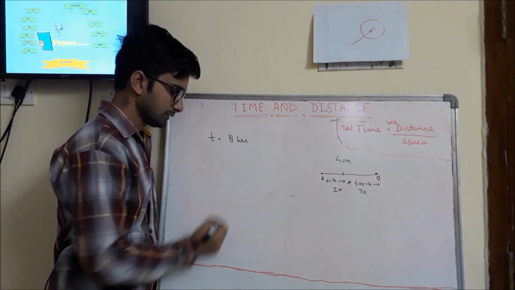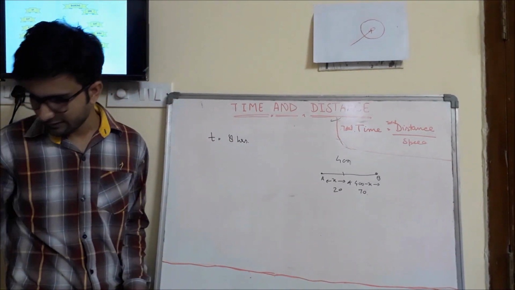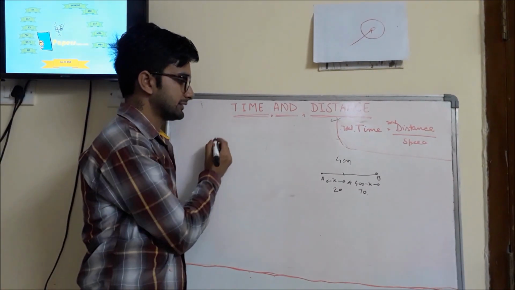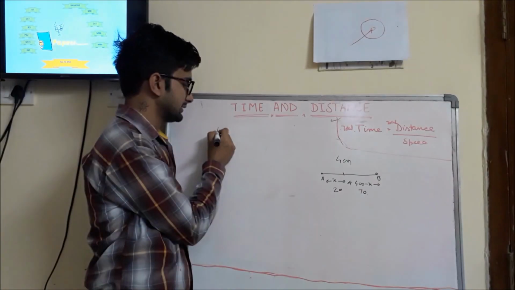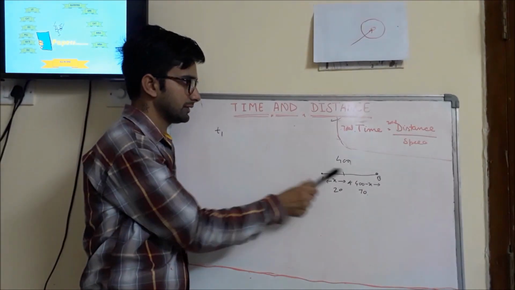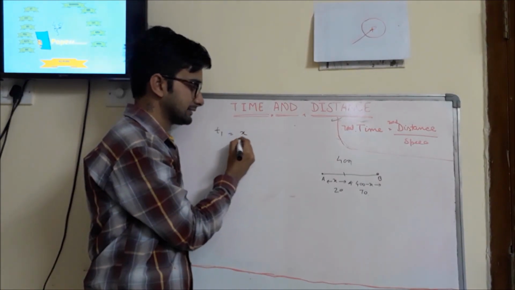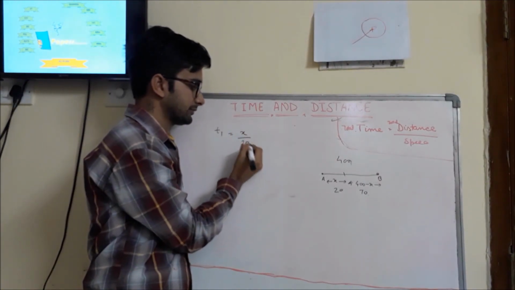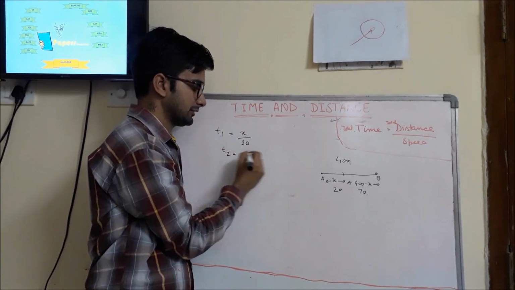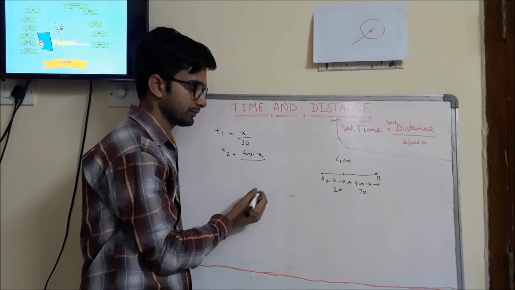We will apply the same formula here for mathematically formulating it. Let t1 be the time taken by Ram to travel the x distance. Time is equal to distance by speed, so our distance is x and speed is 20. Same for t2, that will be 400 minus x divided by 70.